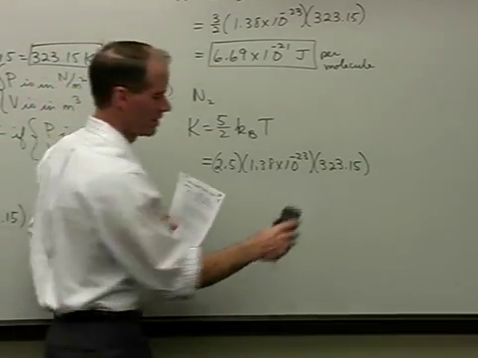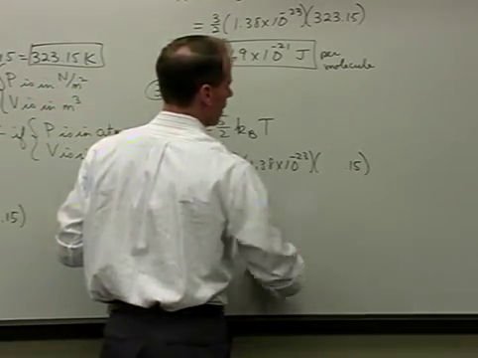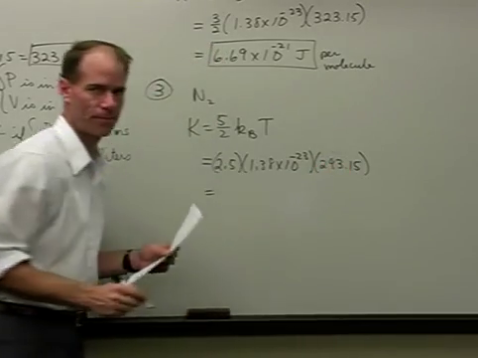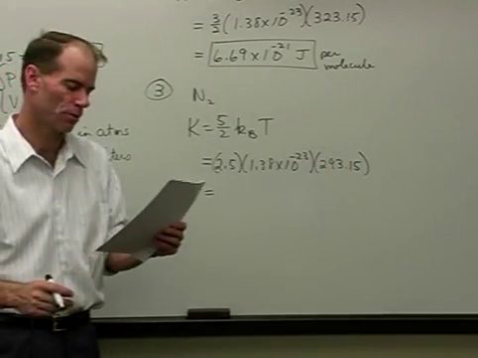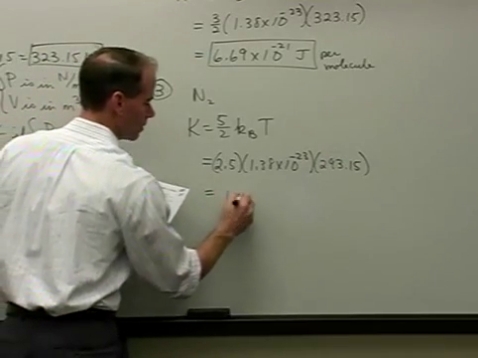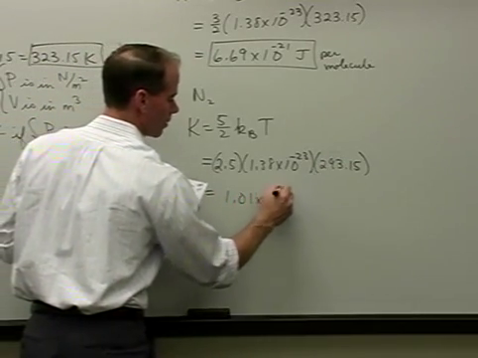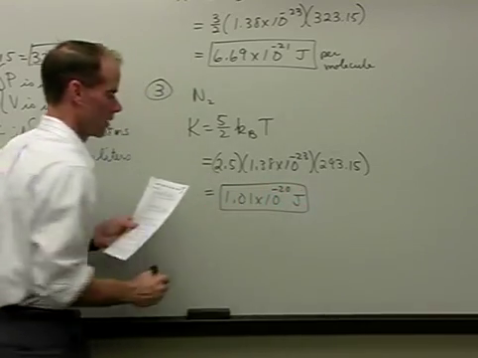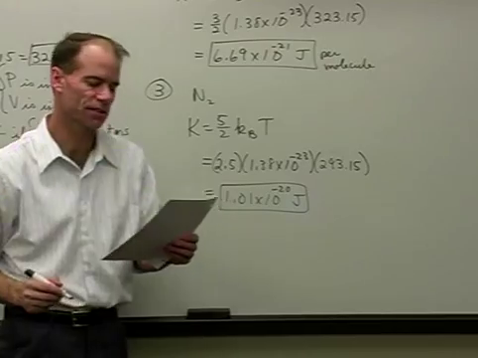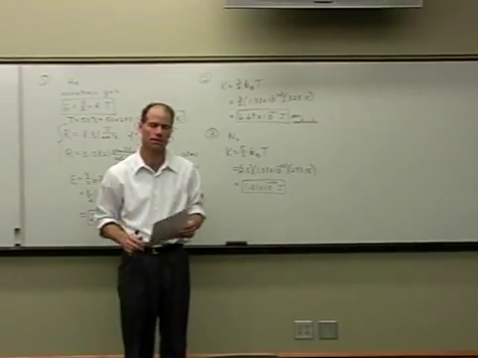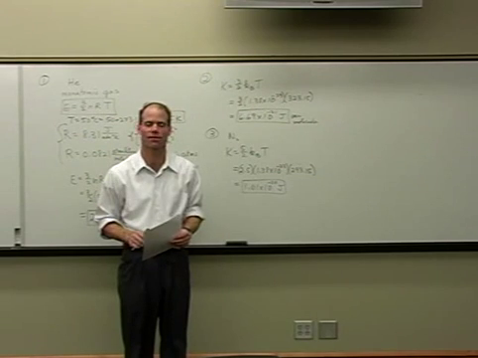We have 20 degrees centigrade, not 50. So that would be 293.15. And when we put those numbers in, we get 1.01 times 10 to the minus 20 joules. So that is the average kinetic energy of a nitrogen molecule, a diatomic molecule, at room temperature, 20 degrees centigrade.